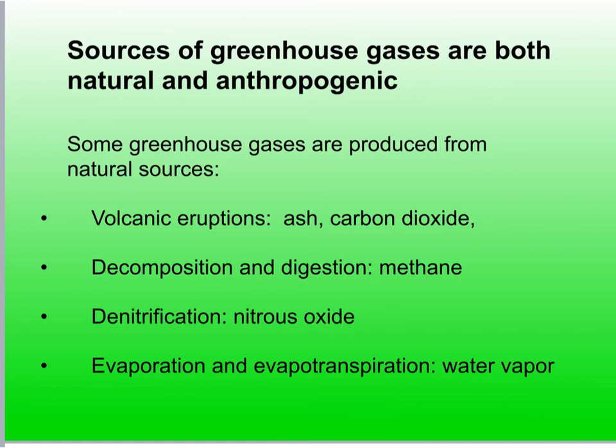Because the amount of evaporation into water vapor really varies based on climate and everything that's there, regionally, the amount of water vapor in the atmosphere varies greatly around the planet.